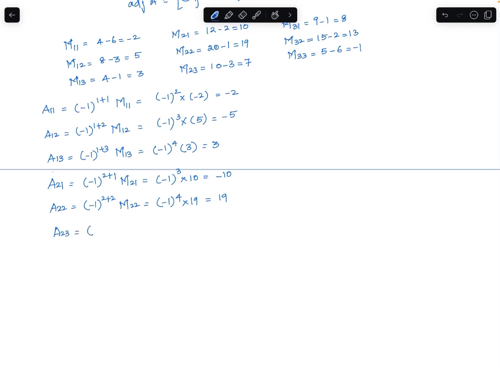A23 is equal to minus 1 to the power 2 plus 3 times M23, minus 1 to the power 5 times 7, which is minus 7.